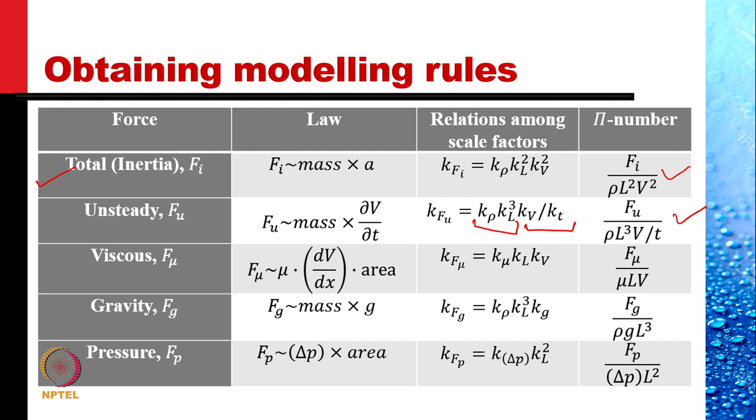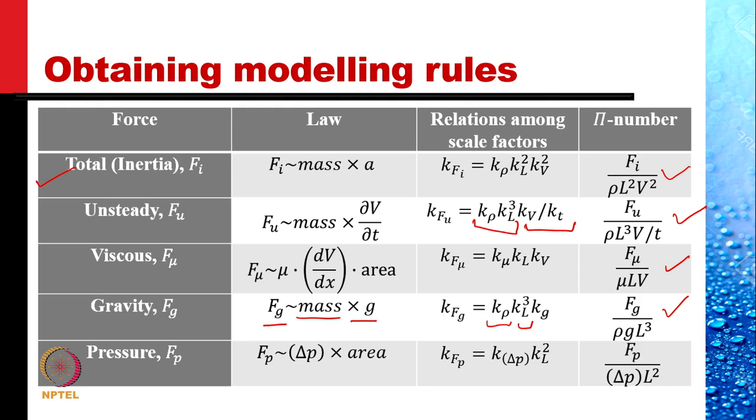For viscous forces, we obtain the pi numbers as F mu by mu LV in the last slide. Similarly, we could write for gravity. The gravity force is mass times g, and mass is density times the volume, so that Fg divided by rho g L cubed is the pi number for the gravity force.